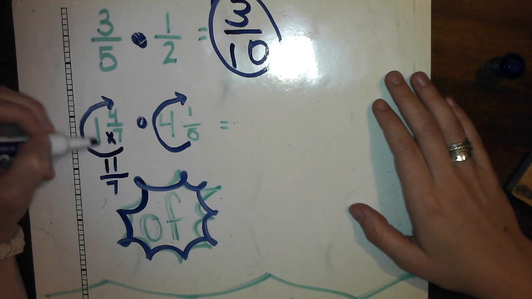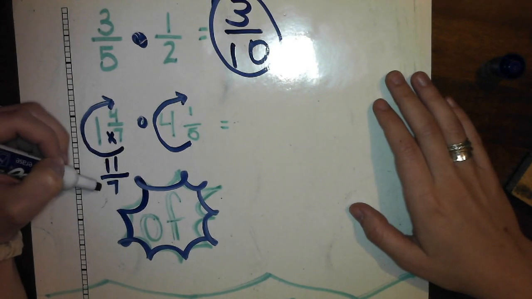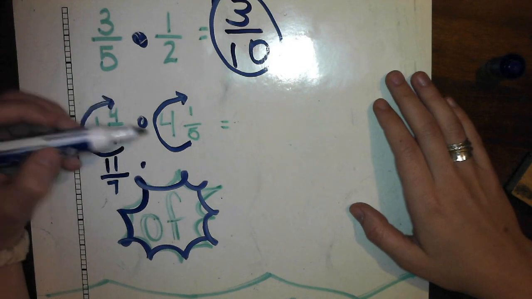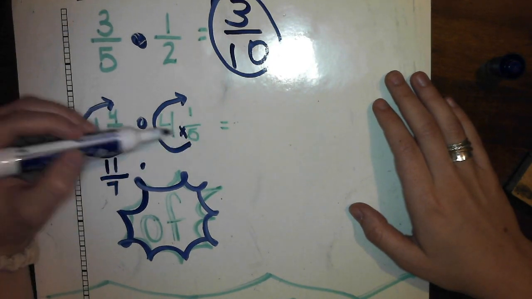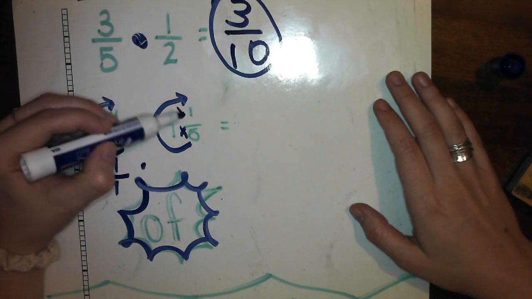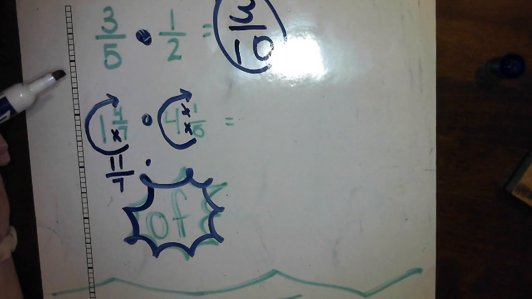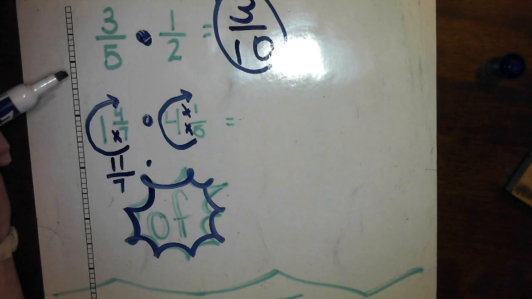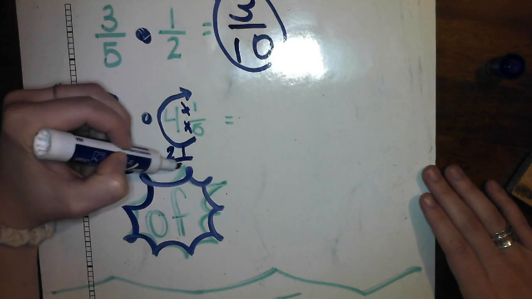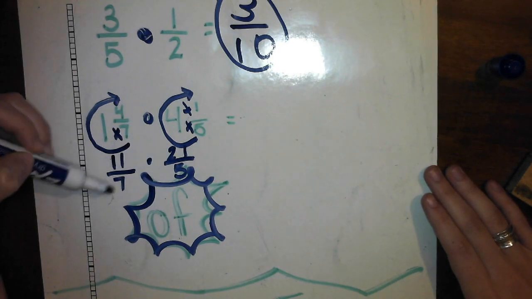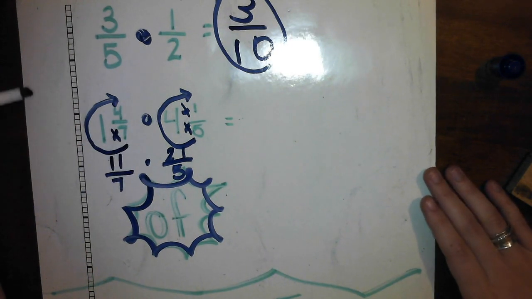So we have 11 parts out of our 7 whole. Times, we do the same thing over here. Denominator times our whole number. 5 times 4 is 20, plus 1 is 21. So we have 11/7 times 21/5.